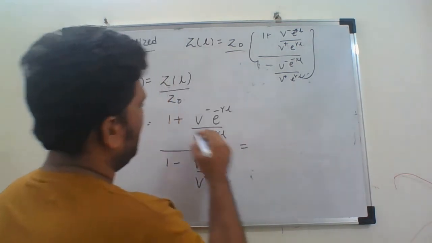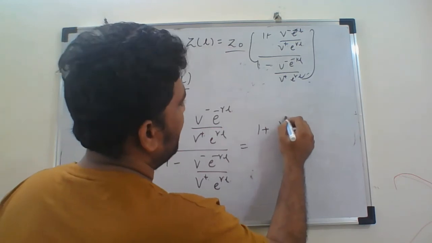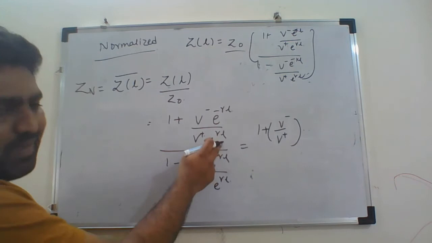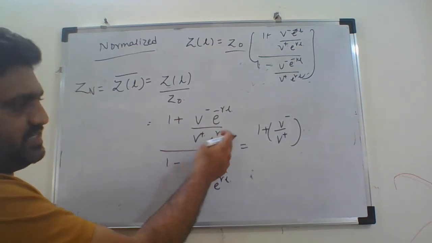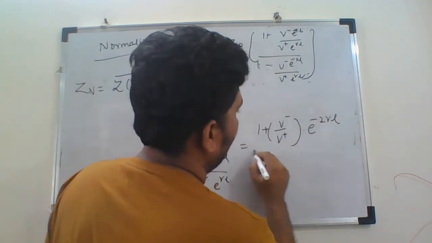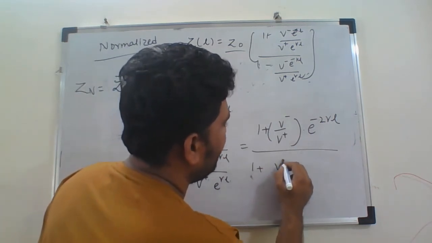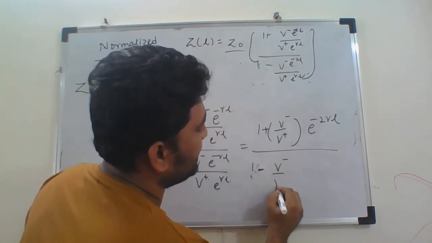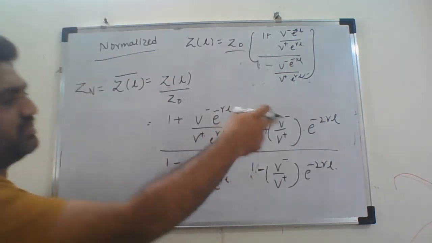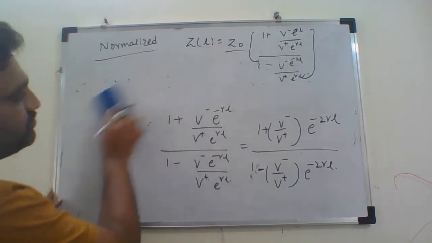From this, I can write 1 plus V minus by V plus into e power minus gamma l by e power gamma l, which is e power minus 2 gamma l. Similarly, 1 minus V minus by V plus into e power minus 2 gamma l. Understood?